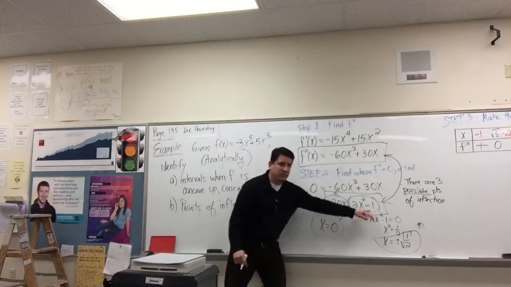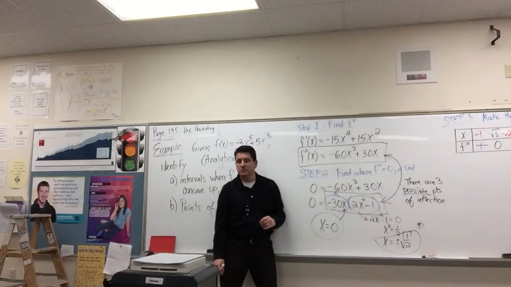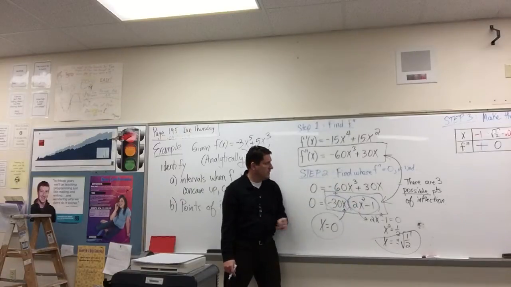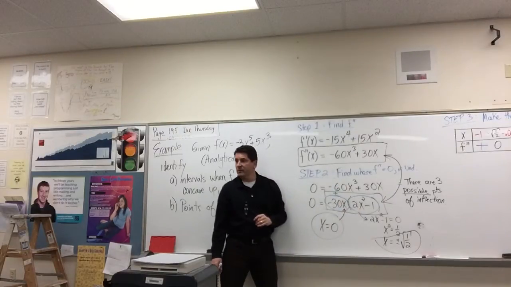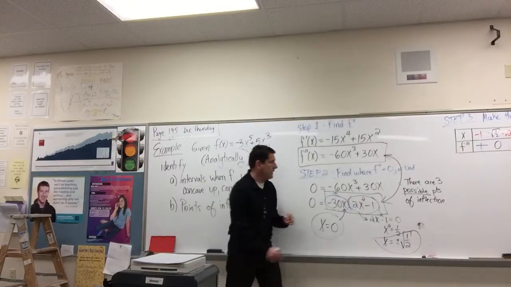Now the question is, what happens here? 2x squared minus 1 means we have to square that number, multiply it by 2, and then take away 1 from it. Is that going to be positive or negative? It's going to be negative.